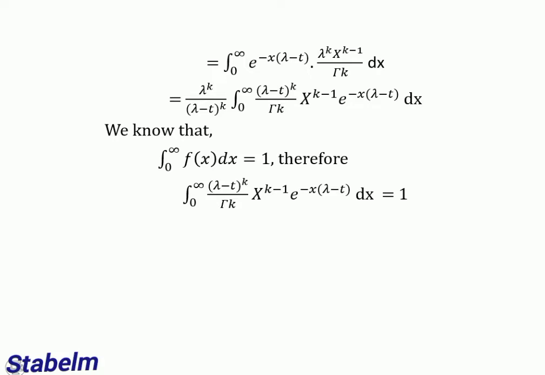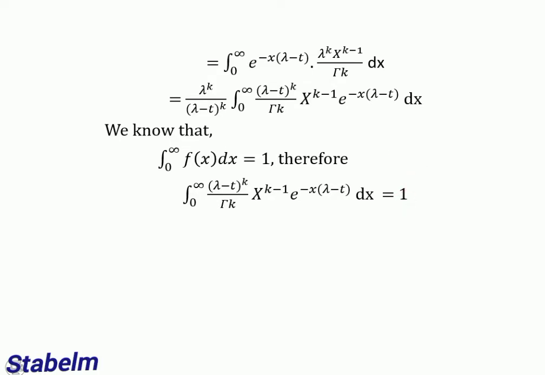Now if you look at the probability density function of a gamma distribution, it is exactly like this, the only difference is that we introduce minus t into this. Instead of lambda raised to power k, now we are dealing with lambda minus t. Instead of lambda, we have lambda minus t, which is the same thing as the probability density function. Now the whole sample space will be equal to 1, and that is what we have here.